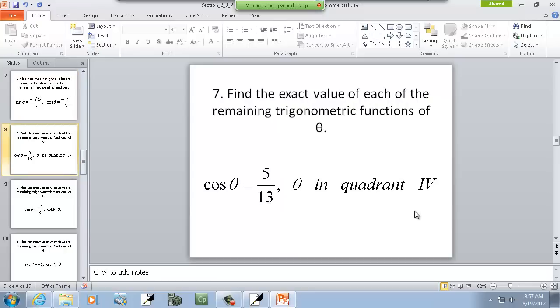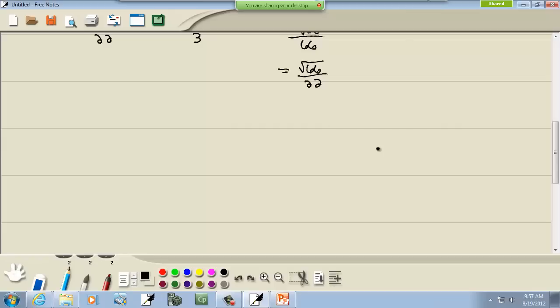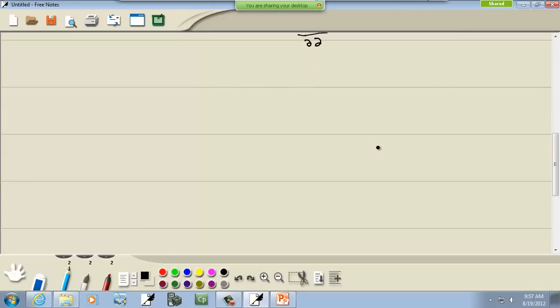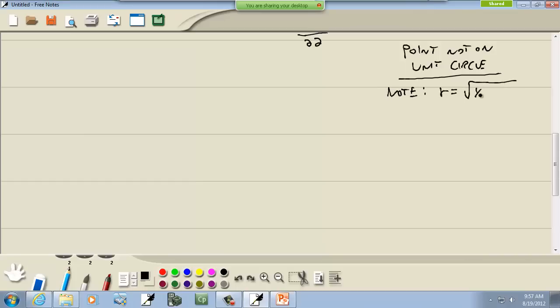These next are a little bit different. So let me write down the formulas from what we saw before. If the point is not on the unit circle, and remember, we got a note up at top. R is equal to square root of x squared plus y squared.